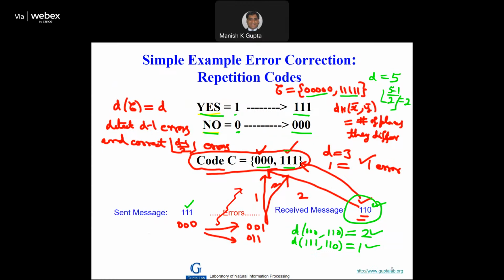So here, for example, if the code has distance 3, then (3 minus 1) by 2 is 1, so you can correct 1 error. Whereas in that case, d is equal to 5. You can see that the number of bits they differ in is 5. In fact, we are looking at the minimum Hamming distance among all code words. So there it can correct (5 minus 1) by 2, which is 2 errors.